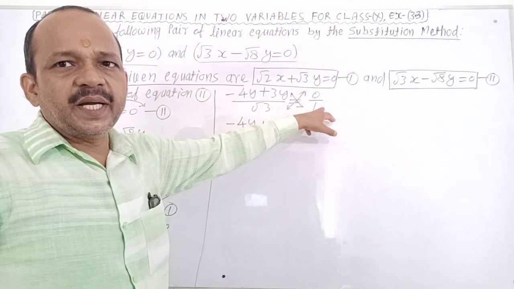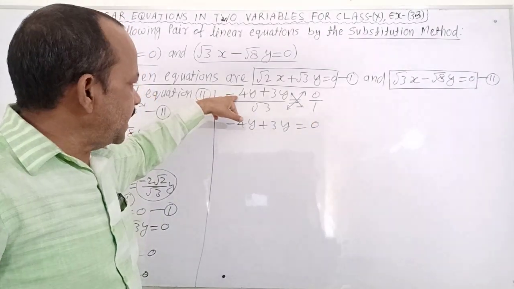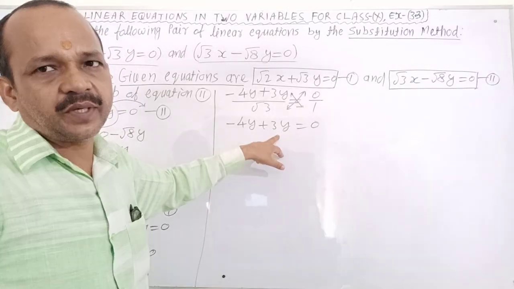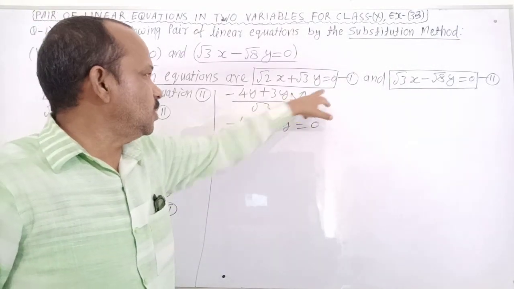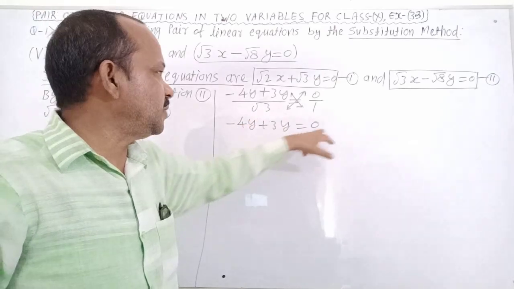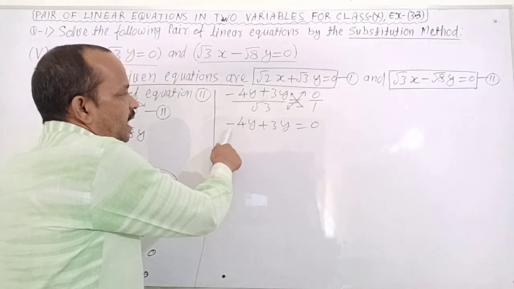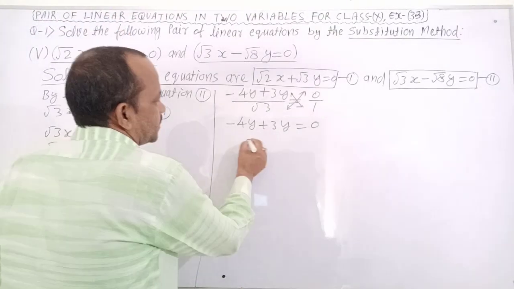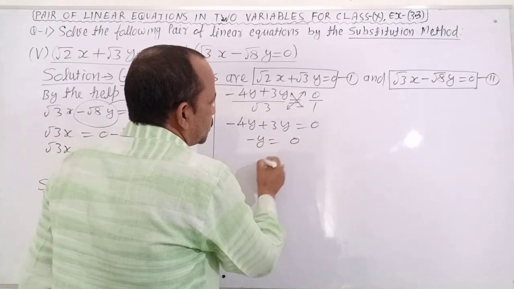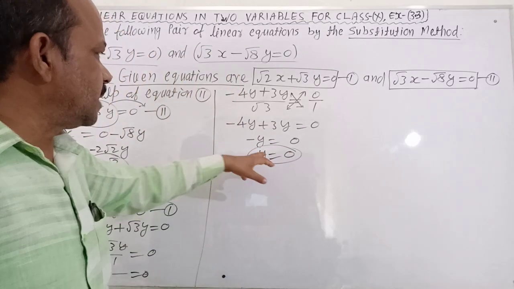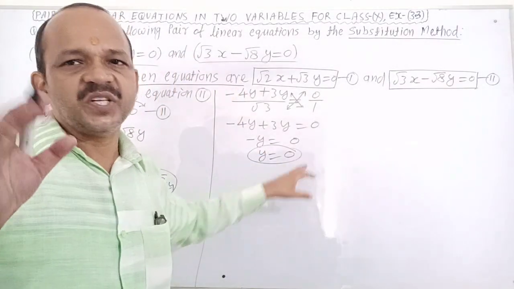Here minus 4y plus 3y becomes minus y. Minus y equal to 0, y equal to 0. You find the value of y equal to 0.